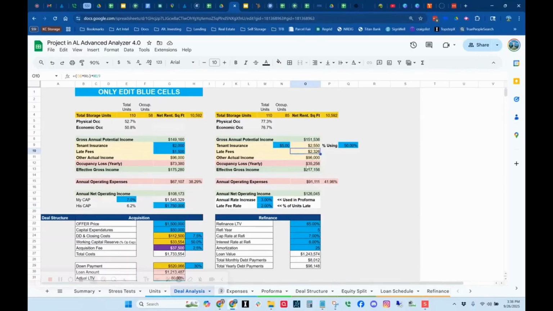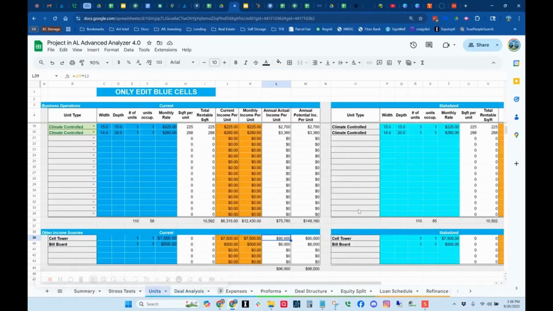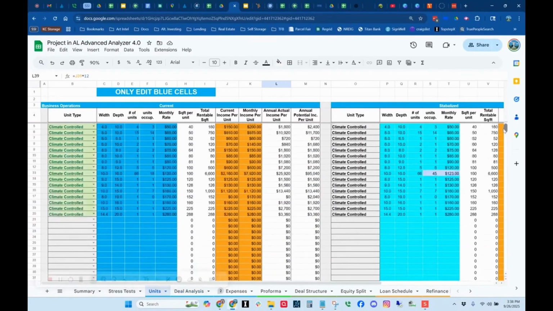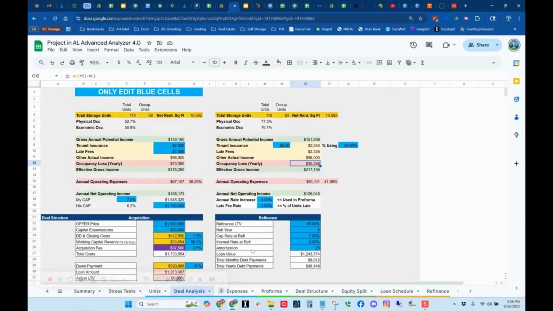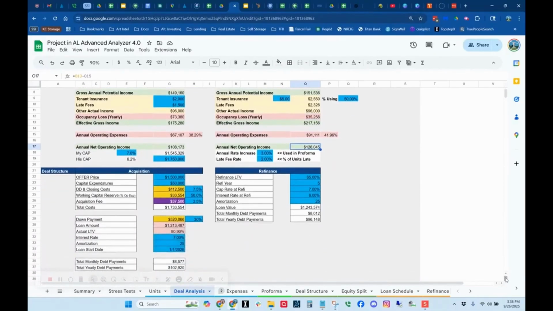And then the occupancy is calculated out using your stabilized values back here on the units mix. That's how those totals are calculated. And you get your new figures, your new net operating income for being stabilized.